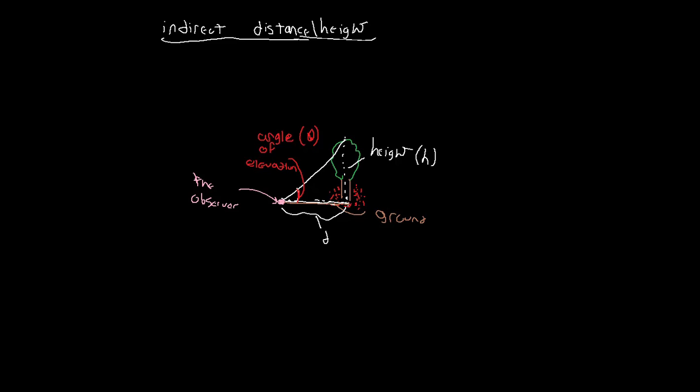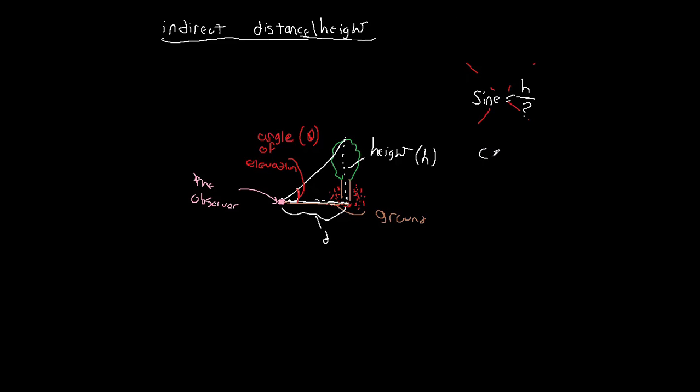If height is what we want to know, we have the angle and we have d. Let's think about, given theta, what the different relationships are. We have the sine, which is opposite, which in this case would be h, over the hypotenuse, which we don't know, so that's out. We can't use that.